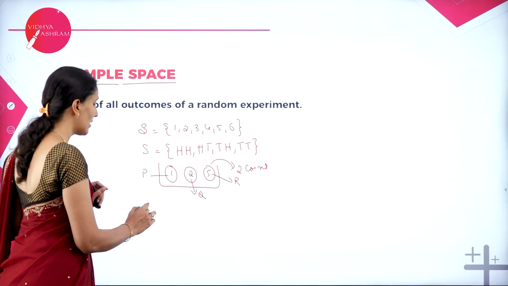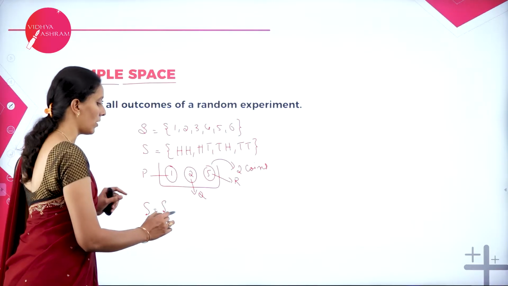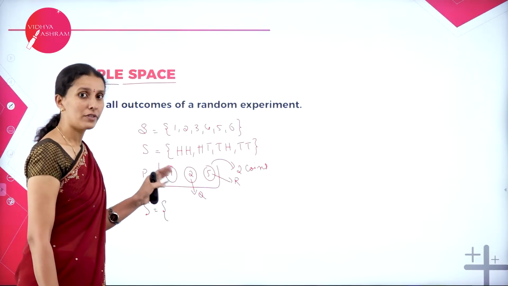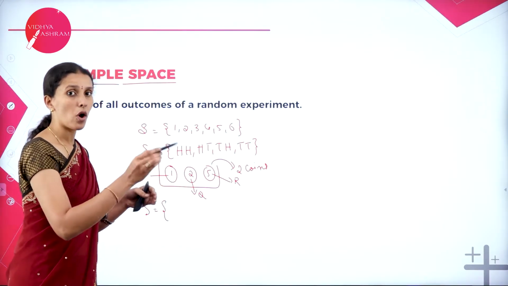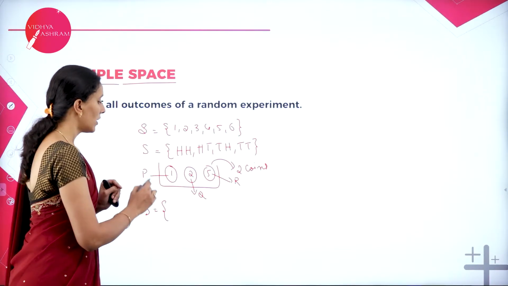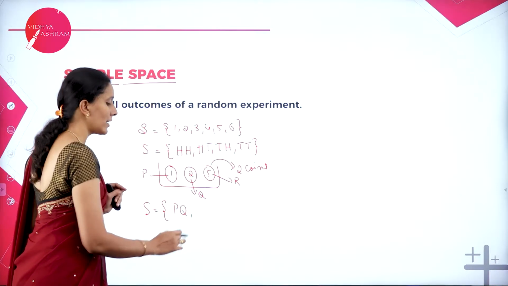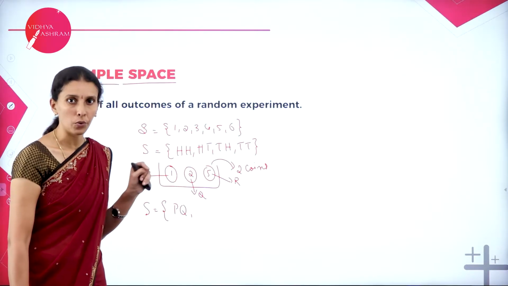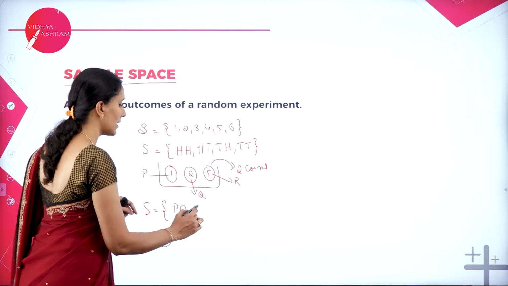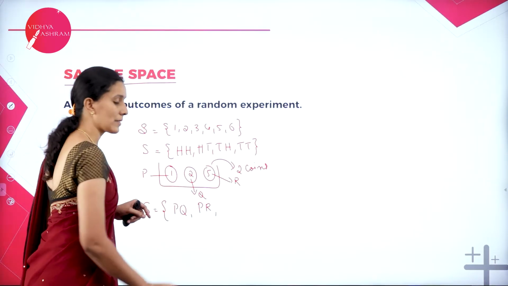Then what are the outcomes of this experiment? What are the possible results of this experiment when you take 2 coins from a pocket? The first one is you can take the combination PQ. That is, the coins taken may be 1 rupee and 2 rupees. Or it may be 1 rupee and 5 rupees.